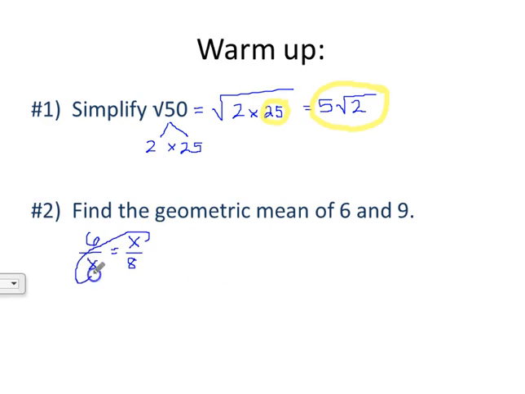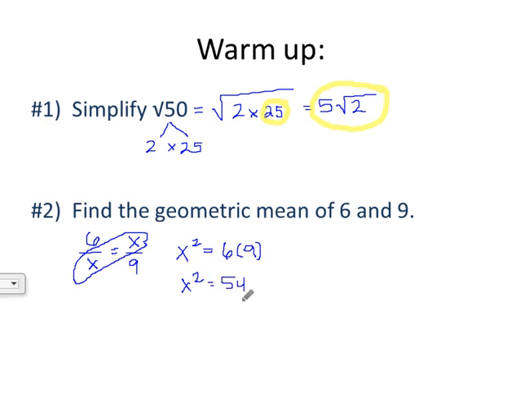So when we cross multiply, we would have x squared equals, whoops, that should have been a 9, not an 8, in the bottom there. And then we take 6 times 9. Alrighty, so let's go ahead now and take 6 times 9, which is 54.